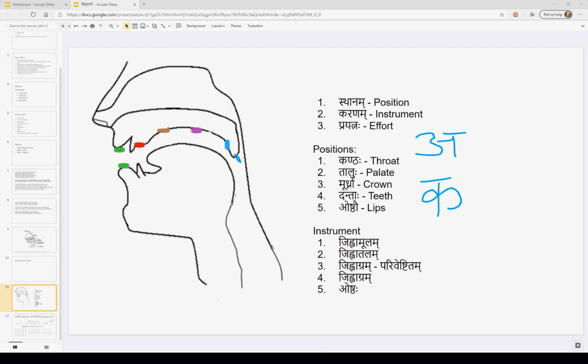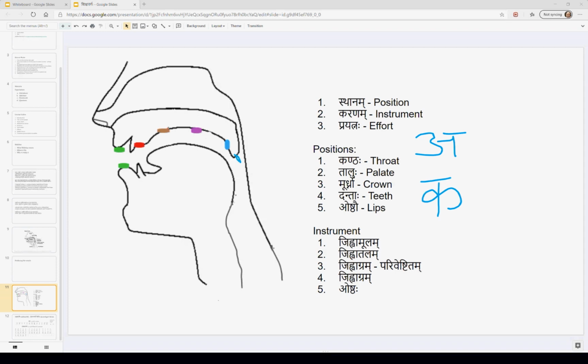In pronouncing a there may be slight constriction at the throat, but the air flow is smooth without any movement of the tongue. With the pronunciation of ka, there is movement of the jivhamulam in the kantha area. Right. Yeah, exactly, precisely. Very well put there. So say that again, so we can all hear once again.